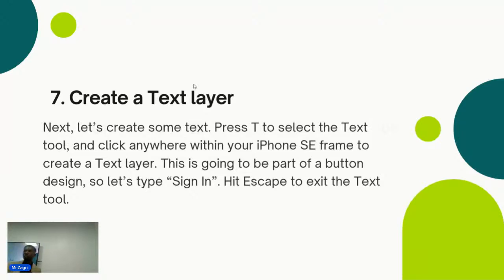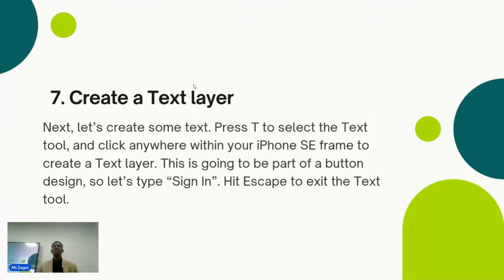I'm using a shortcut which is T, so you can just click on T and your text tool will be there. Or alternatively, just click on the T icon below your design.